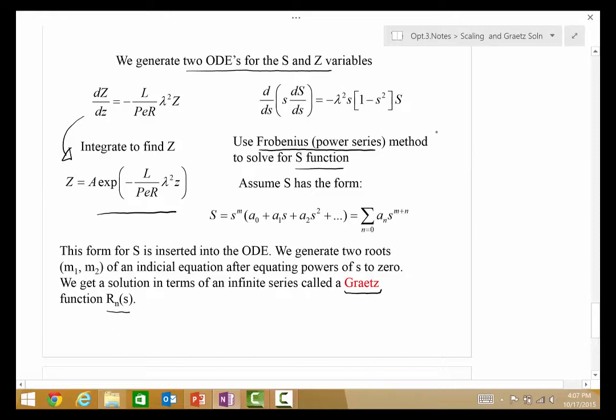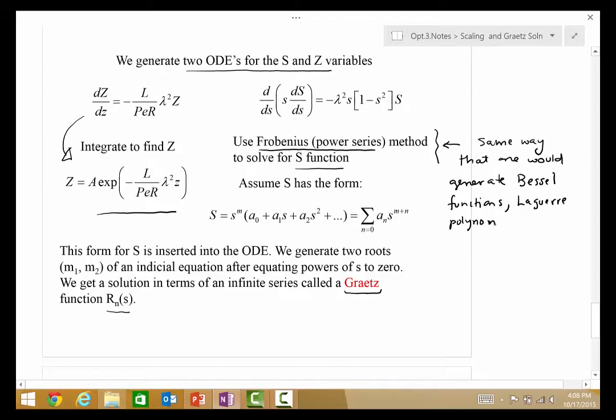So this Frobenius method, just to put it in context, is the same way that one would identify or generate a lot of different functions in mathematical analysis, and these include things like Bessel functions, Laguerre polynomials, Legendre polynomials, etc. There are many different differential equations that come up in mathematical physics and engineering.